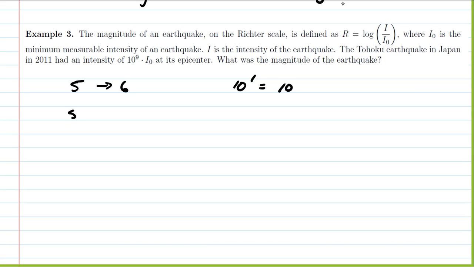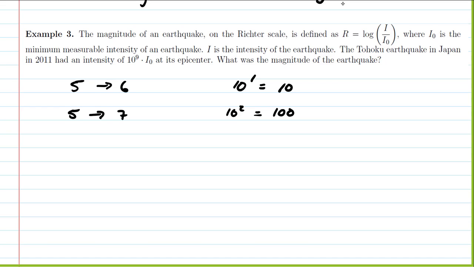If we have an earthquake that increases from a 5 to a 7, well, what was the change on the Richter scale? Well, 2. So that means the exponent changed by 2. So 10 squared gives us 100. So when an earthquake changes from a 5 to a 7 on the Richter scale, the 7 is 100 times as intense as a 5.